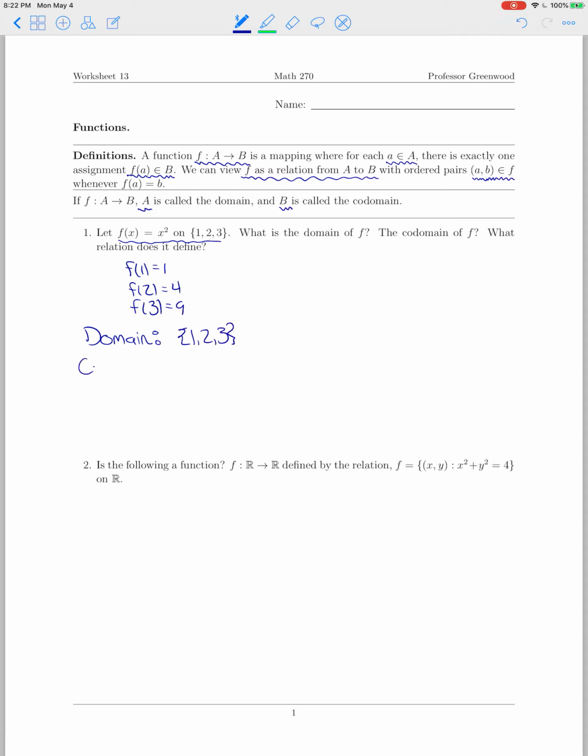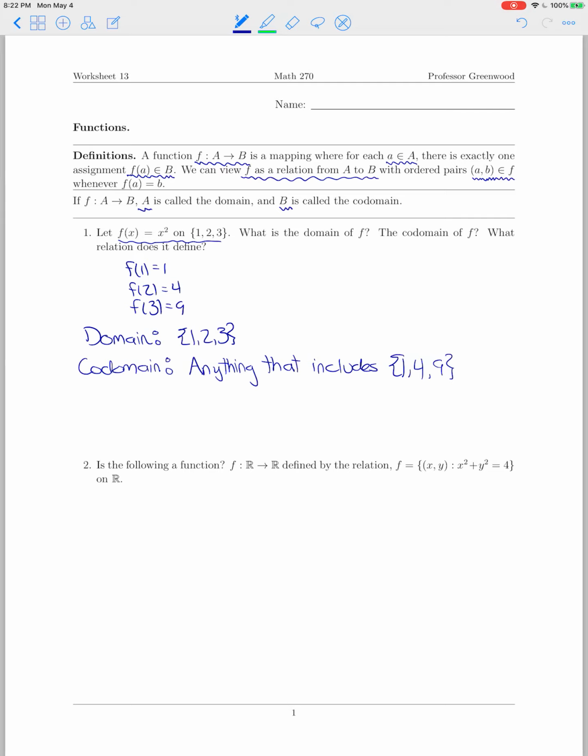If I want to talk about the codomain, it's actually not clear from what's written what the codomain is because the problem didn't specify. So it's really valid to have anything as the codomain as long as it includes all of the outputs. In this case, that would be anything that includes 1, 4, and 9. It could be, for example, all of the reals. That would be a valid codomain for this function.